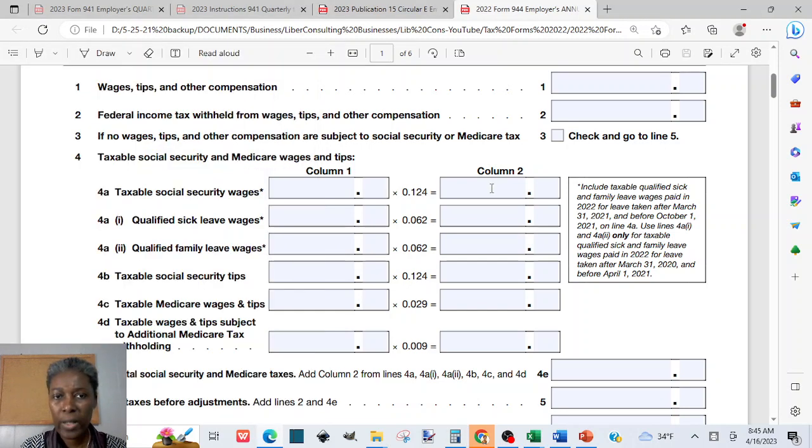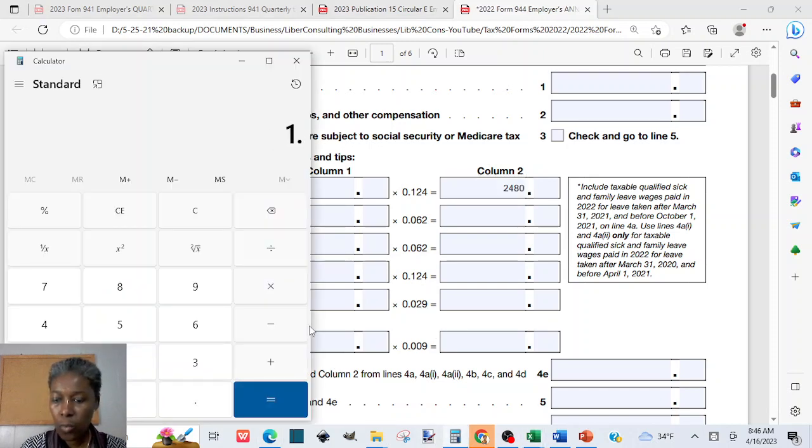Let's write it here so that we can remember that. And the Medicare is 1.45% for the employee and 1.45% for the employer. Combined is 2.9%. So we are going to take that $20,000 times 0.029, and that's $580.